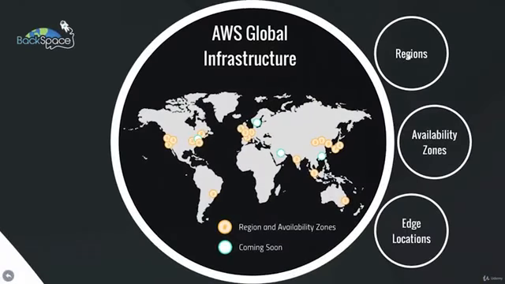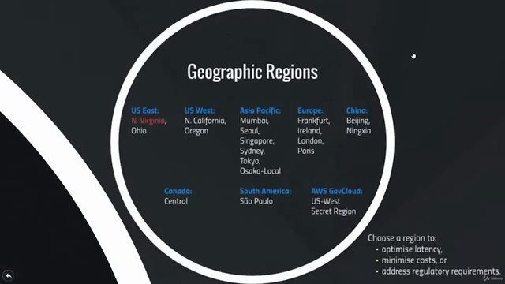The AWS global infrastructure is massive and is divided into geographic regions, and those geographic regions are divided into separate availability zones. As you can see, there are lots of regions distributed throughout the globe. For this course, we will be using the North Virginia region because that is the largest region and supports all of the available AWS services. If you're using a smaller region, for example, Mumbai, you may encounter problems if it doesn't support all of the services.